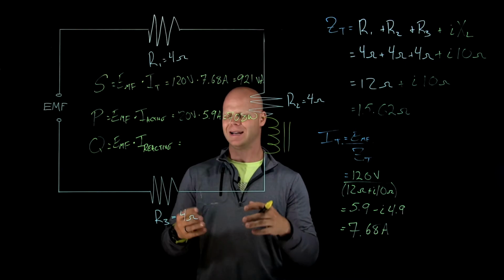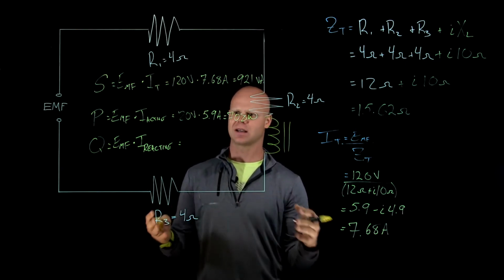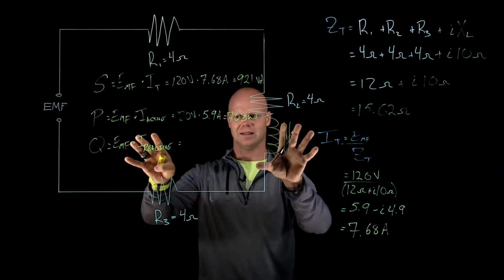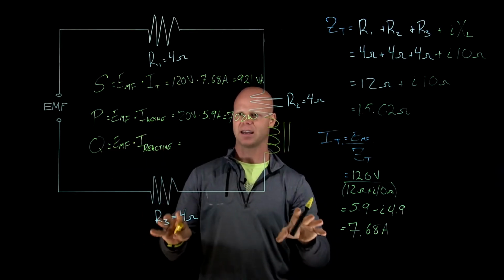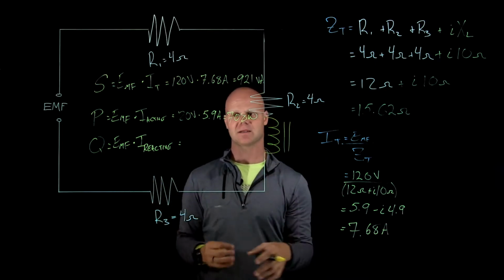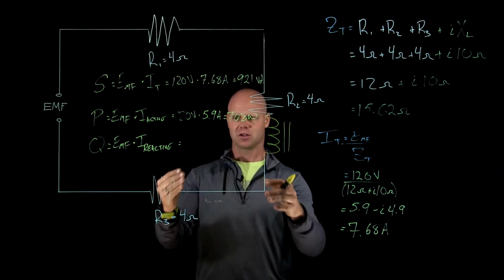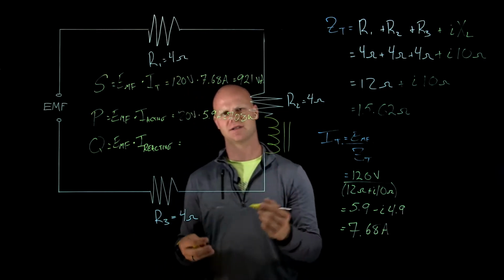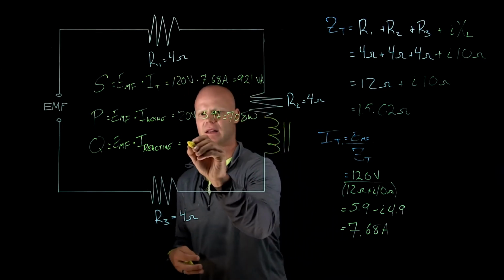Anytime energy is being consumed, we're going to consider that a positive value. Because this is a lagging circuit and I have lagging VARs, those VARs are consuming, they're taking up space on my grid. I am consuming those, so they will be a positive value as well. So when I do that calculation, it's important for me to remember that.